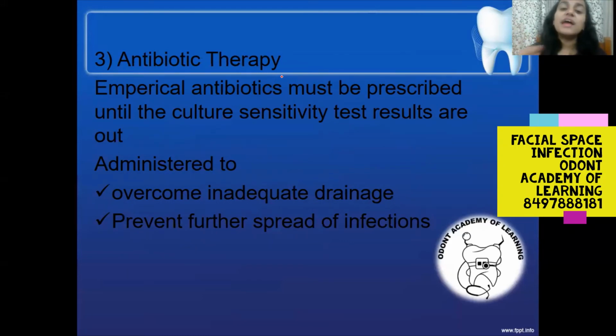Otherwise, if we give any antibiotic for a longer duration, the chances of the patient becoming resistant to that particular antibiotic increase. Okay, so just to reduce the risk of resistance to any antibiotic, we always do a culture sensitivity test, so that our treatment is very specific and microorganism based.